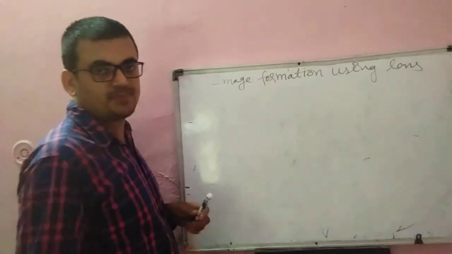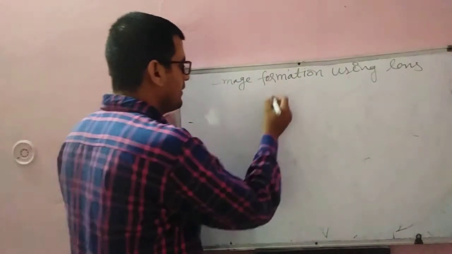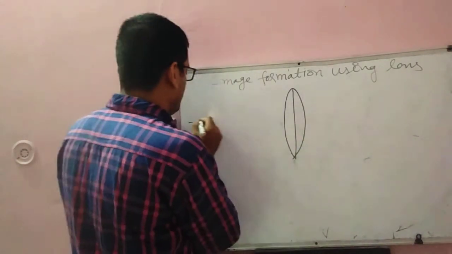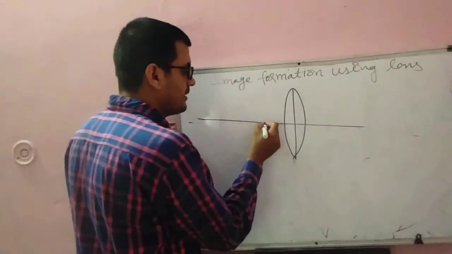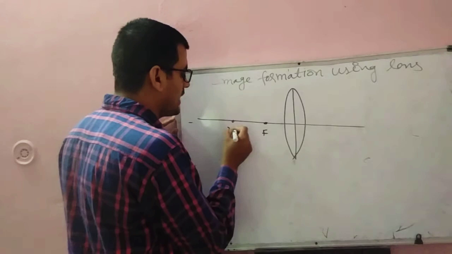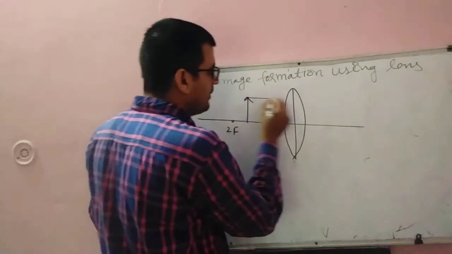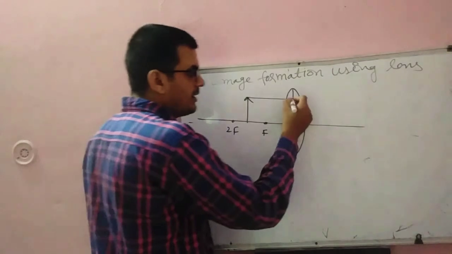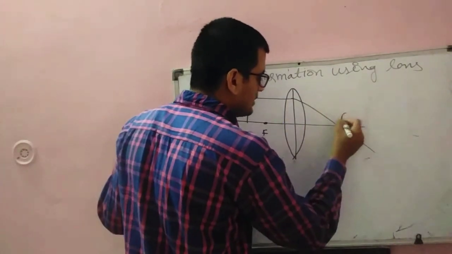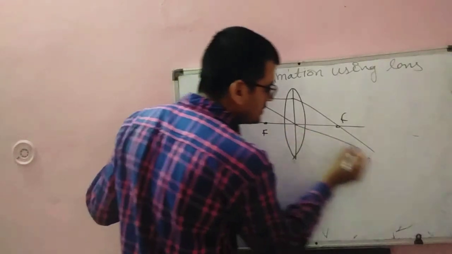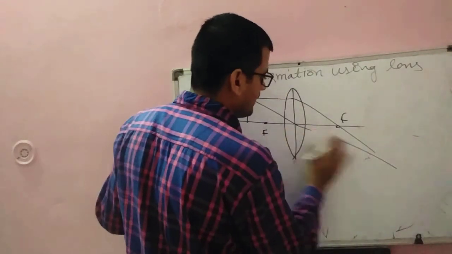when the object is placed in between focus and twice of f, means center of curvature. We have placed the object here. The ray which moves parallel passes through the focus. The ray which passes through the optical center goes undeviated.